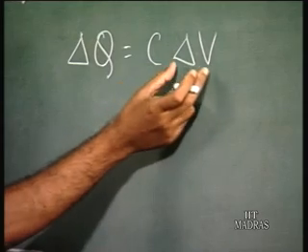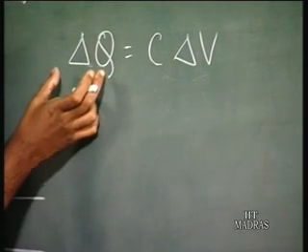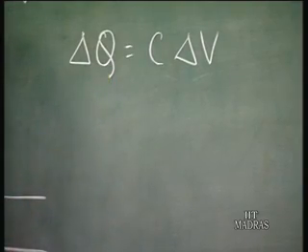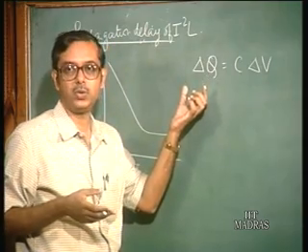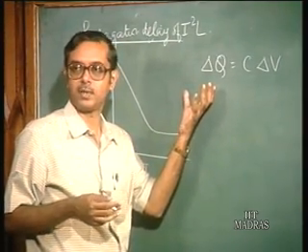If you have to charge it through delta V, you have to supply a charge of delta Q. Current is the rate of flow of charge.